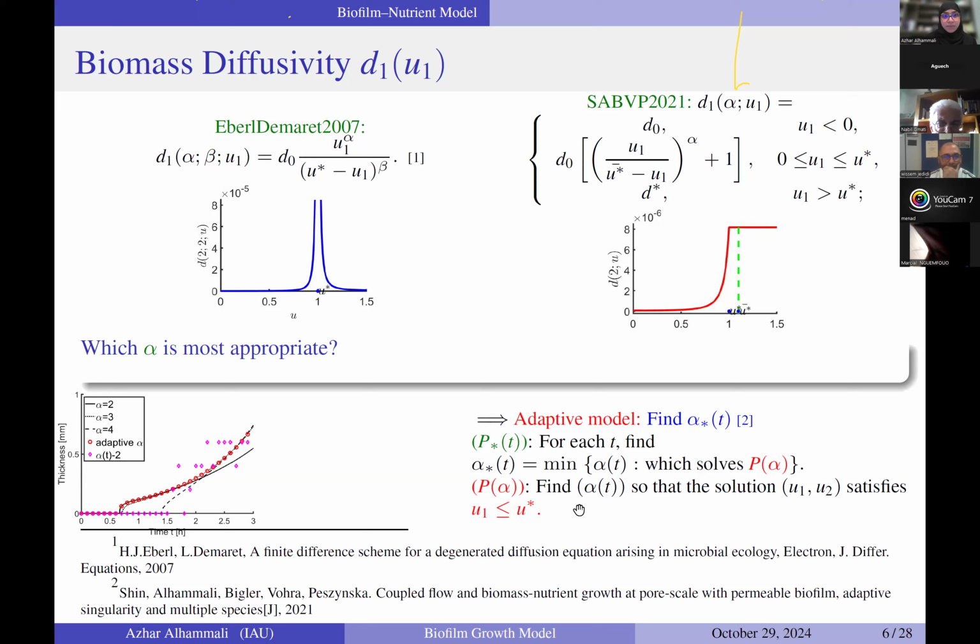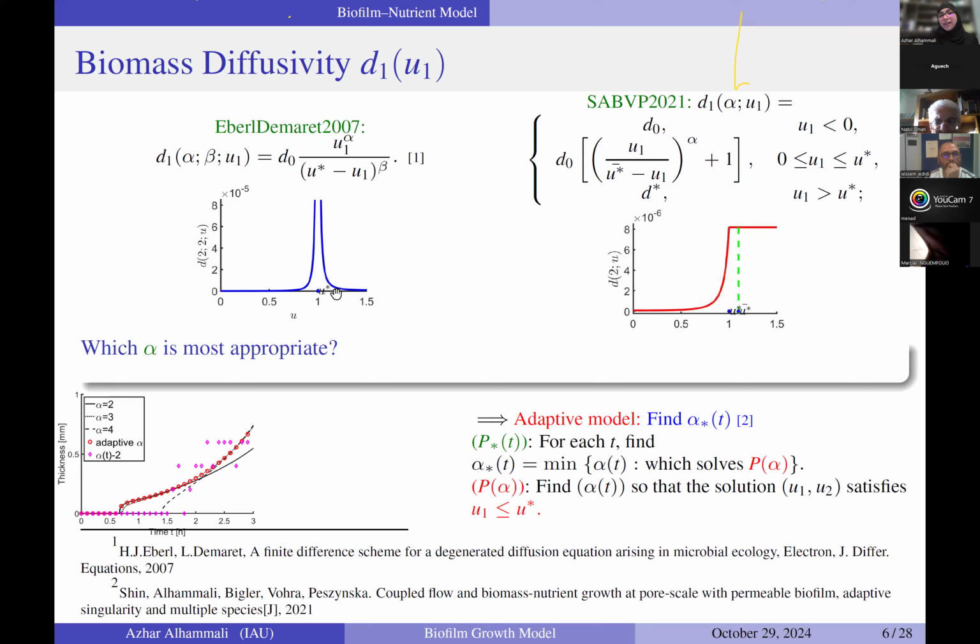Because in this paper here, Albert Demart, this diffusivity does not need to have the Lagrange multiplier or the subgradient of the indicator function. This also models the constraint.